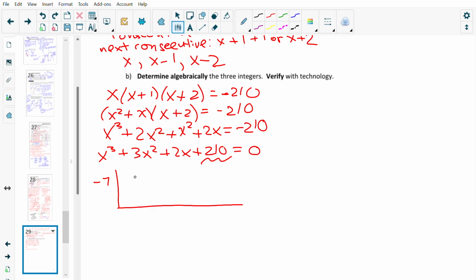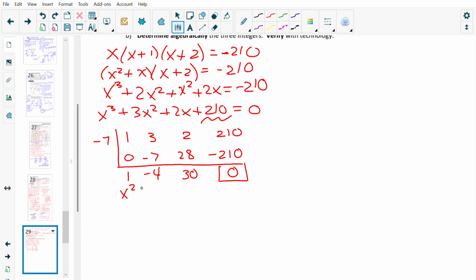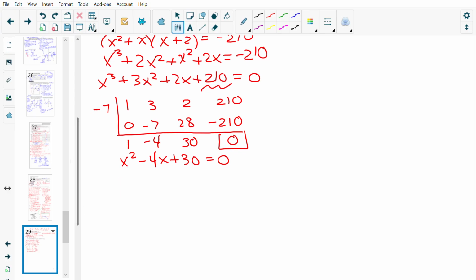Okay, remainder is 0 as we expected. This is x squared minus 4x plus 30 equals 0. You can't factor it, so I'm going to use the quadratic formula.